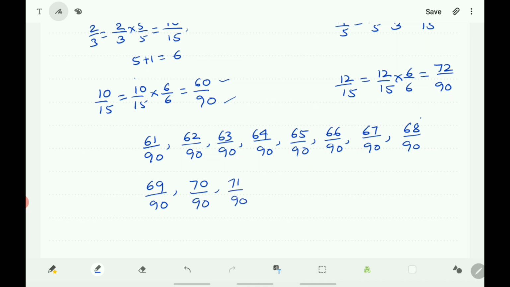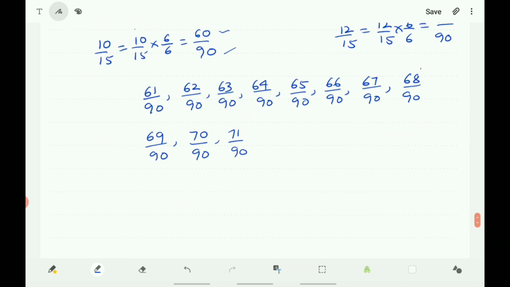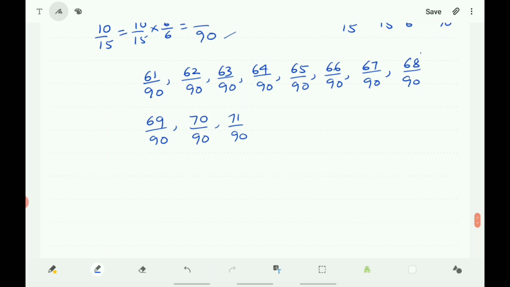Like this way you can write. Here you got 11 rational numbers, but you need only 5.